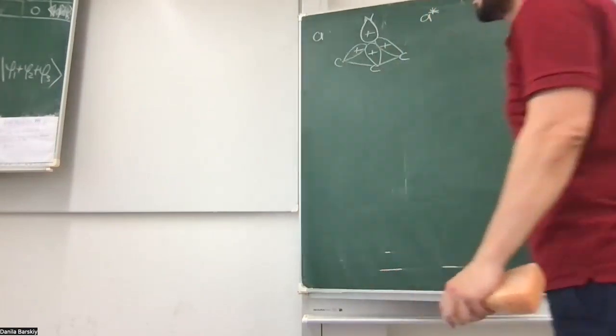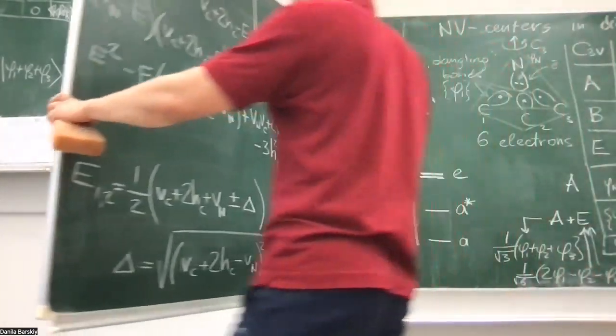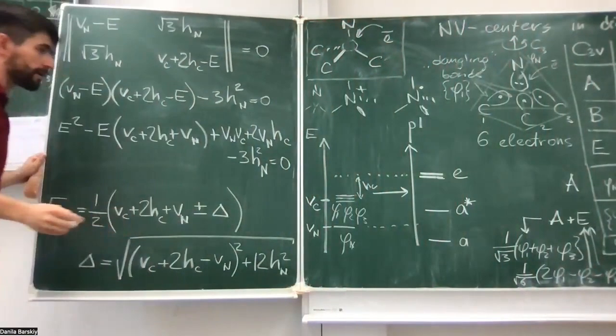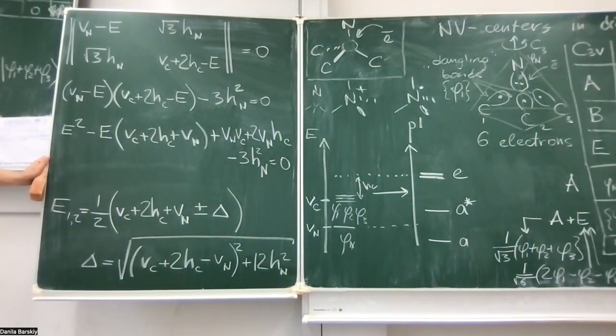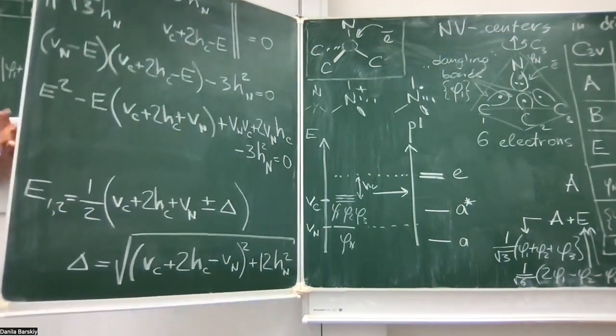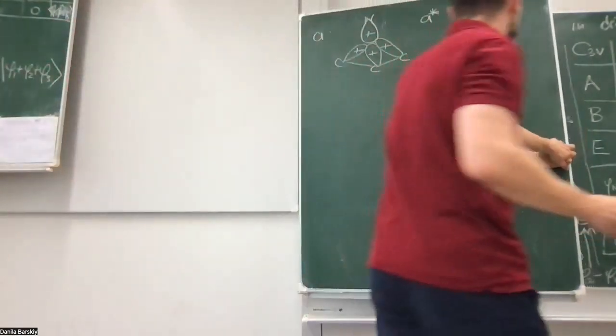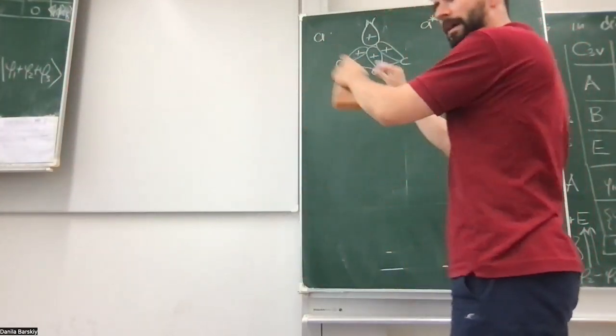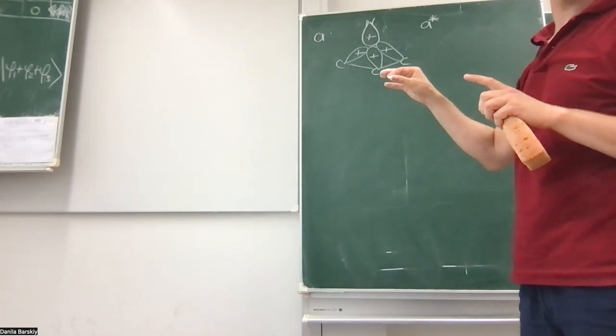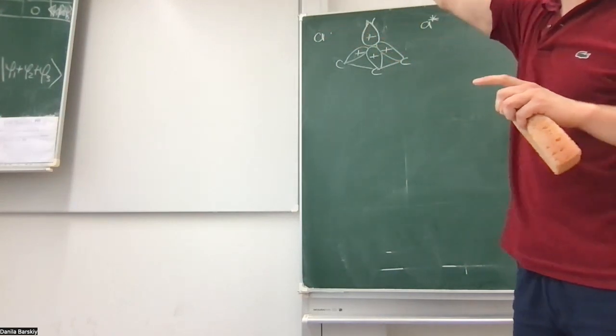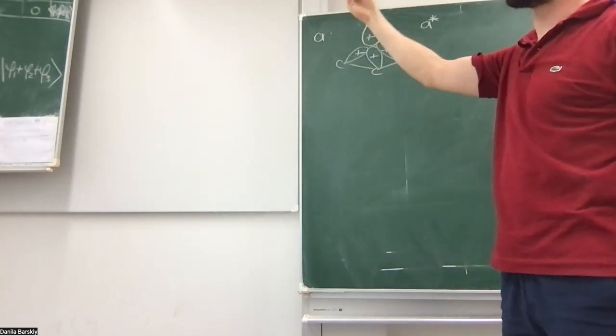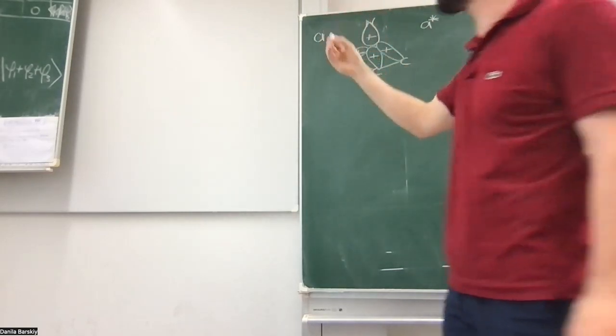Also, so far we talk about energies. If you really want to find how exactly your wave functions look, with which coefficients, you have to put these energies back into your Hamiltonian, into the determinant, and find the coefficients in front of eigenvectors. So you can find these eigenvectors.